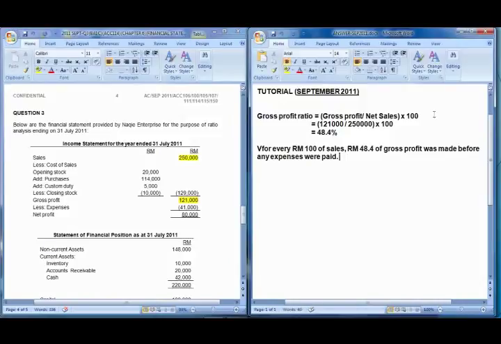Okay, so class, remember you have to write this statement after you calculate as your conclusion.